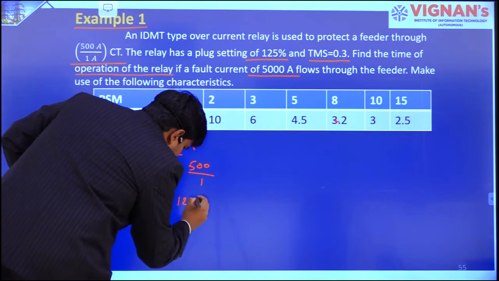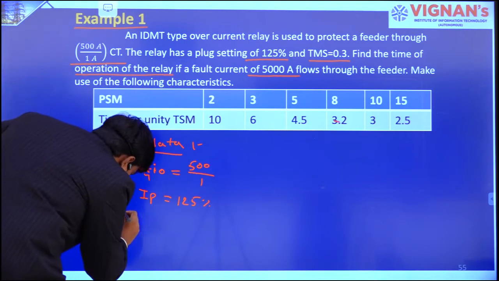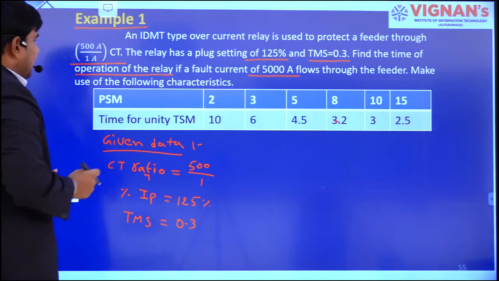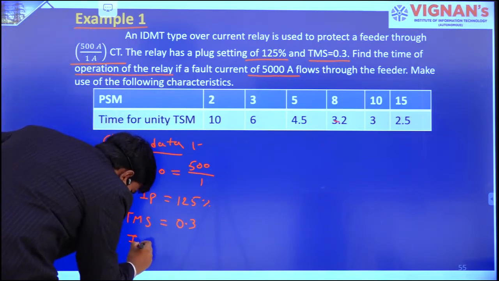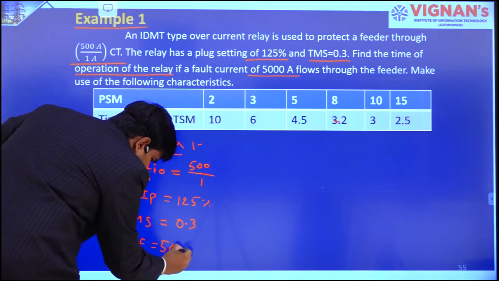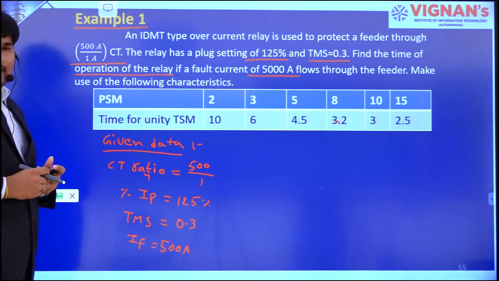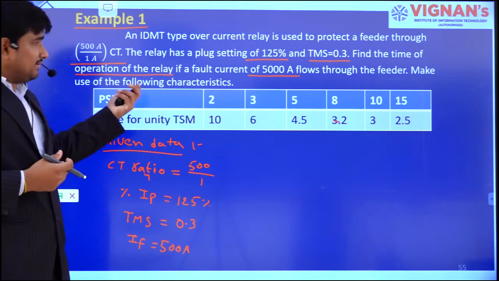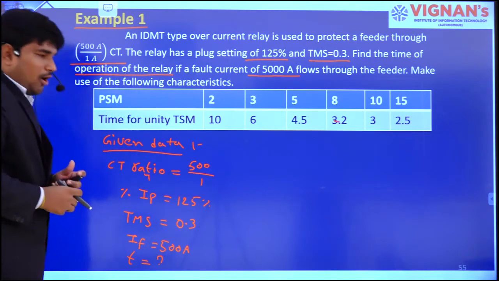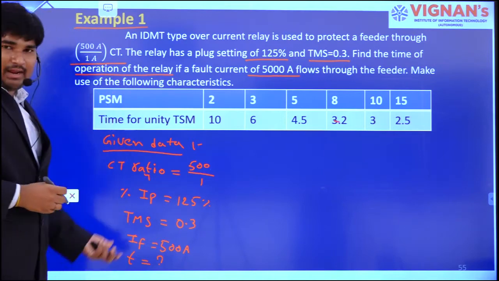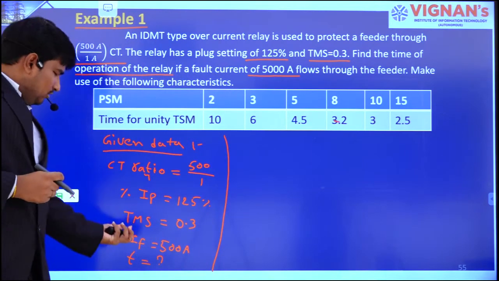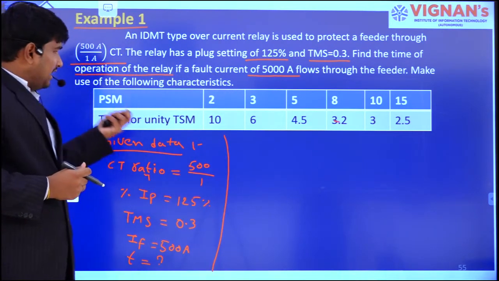The time multiplier setting TMS is equal to 0.3, and lastly the fault current is also given, equal to 5000 amperes. Then what do I need to calculate? The relay operating time T. So these are the known parameters. Let me find the unknown parameters. To get the relay operating time, what do I need to get first?